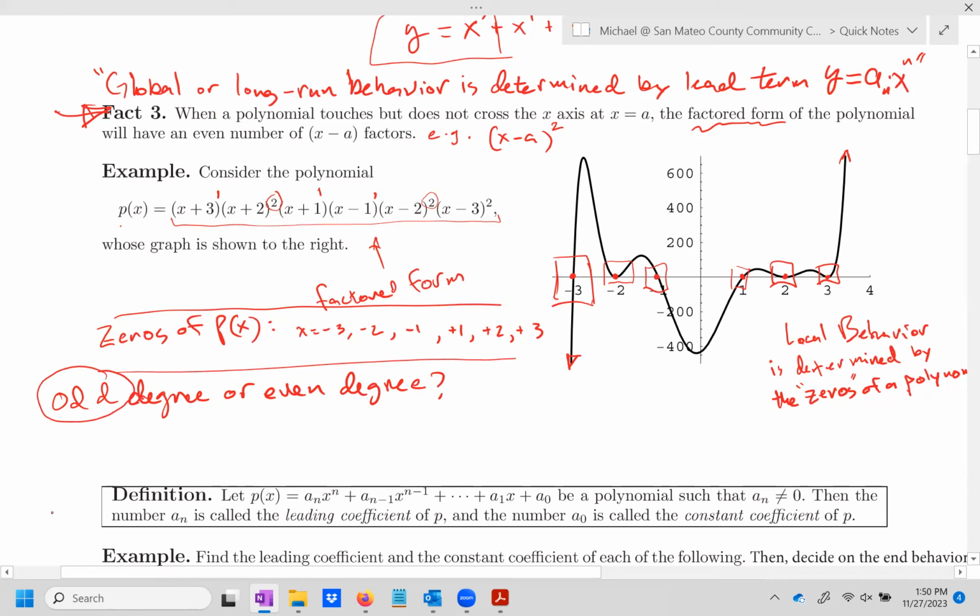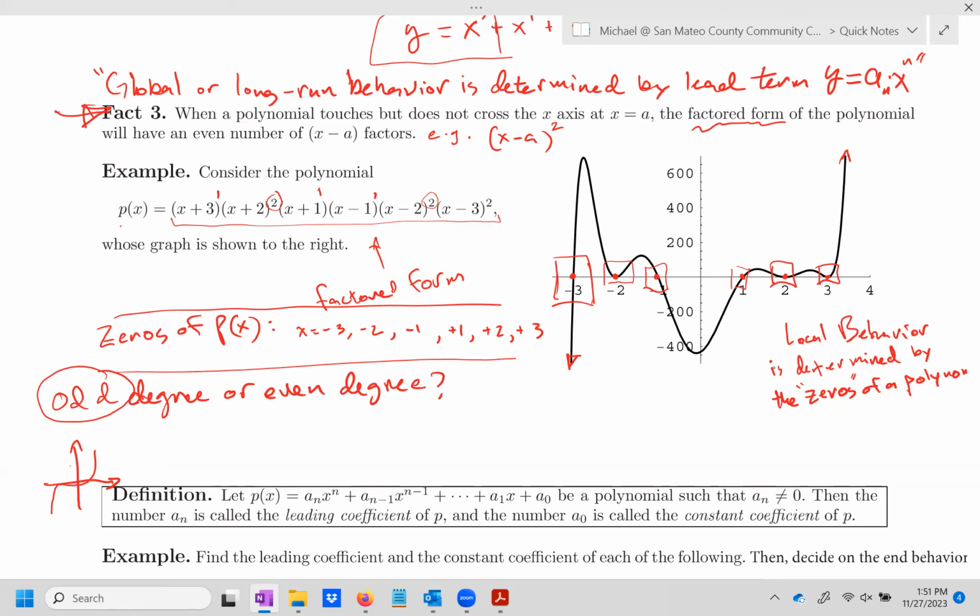Because from far away it's going to look like this. This is the global behavior. See, all these humps and lumps are just local behavior. Zeros and turnarounds and all that stuff. Why is it odd? Because odd power functions go infinity in one direction and negative infinity in the other. Even ones go to positive infinity. They go in the same direction.